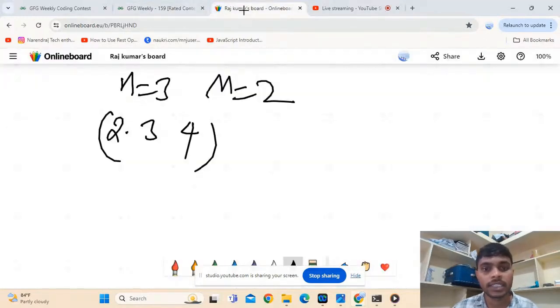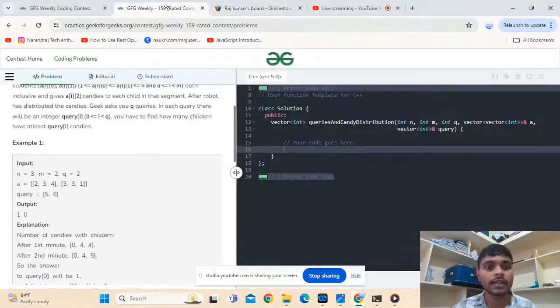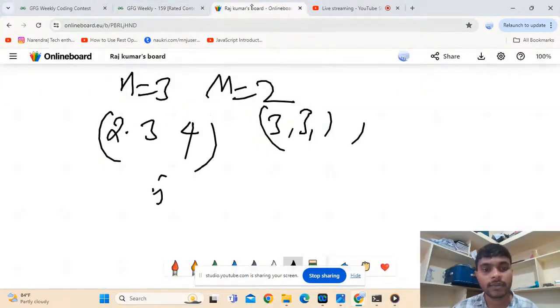Here he mentioned 3 comma 3 comma 1. Now check here, queries are 5 comma 6. In the first query he gave 5, in the second query he gave 6.